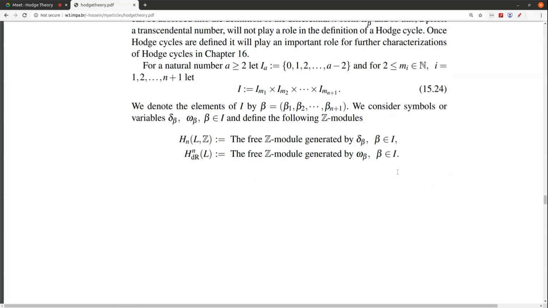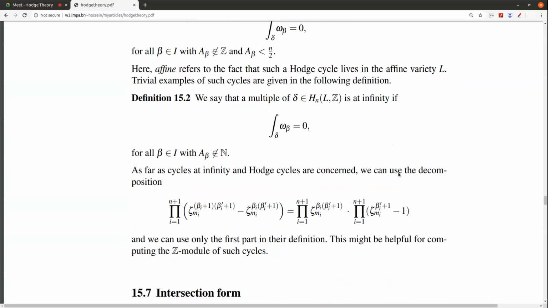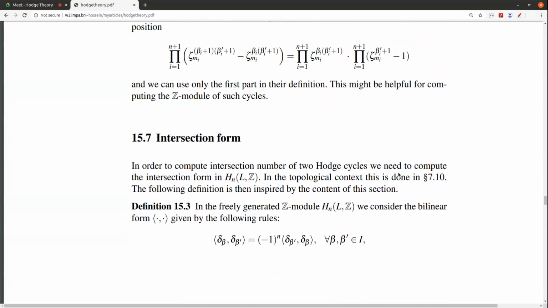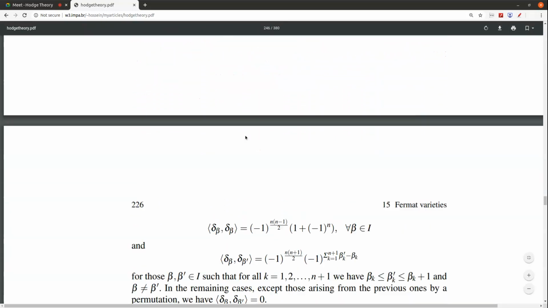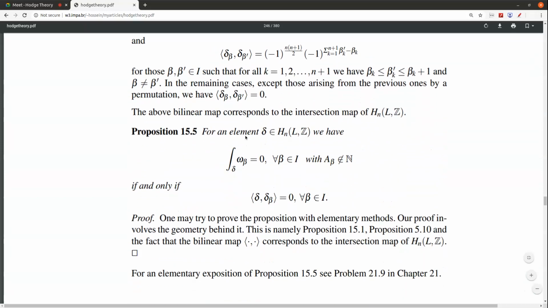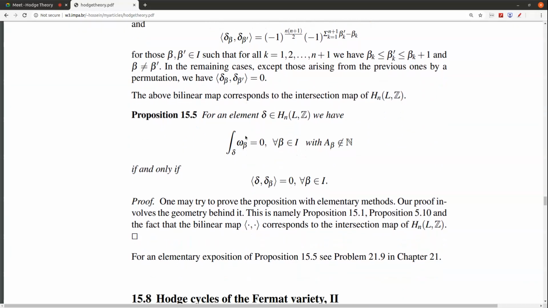Okay, so the idea is that at the end, everything becomes just a heavy linear algebraic form. These things at some point I will talk about, the intersection of delta betas, because we will consider the space of Hodge cycles as a lattice where there is some integration.